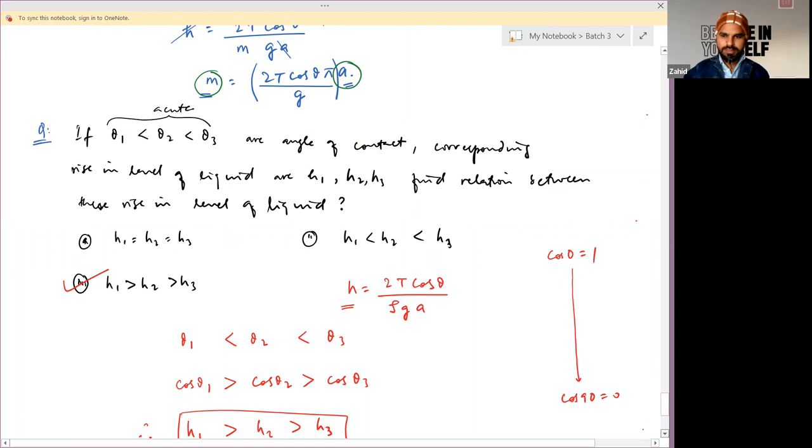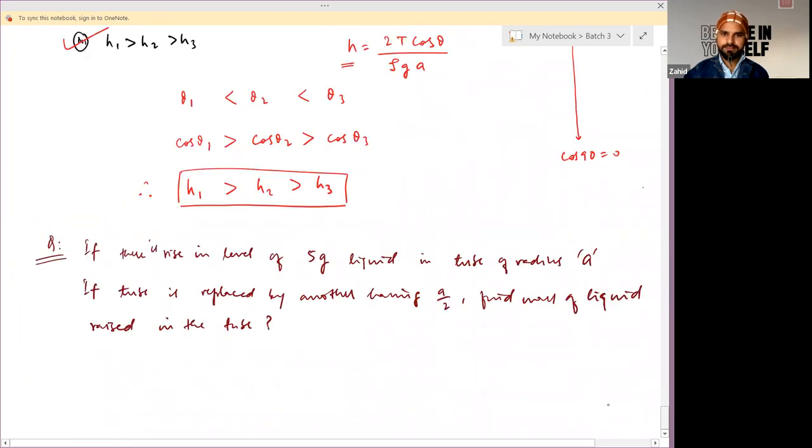So using this concept, we can say 5 gram for radius A. If you decrease its radius by 2 times, mass will also be proportional to this, so it will also become 5 by 2 gram. Is it clear?